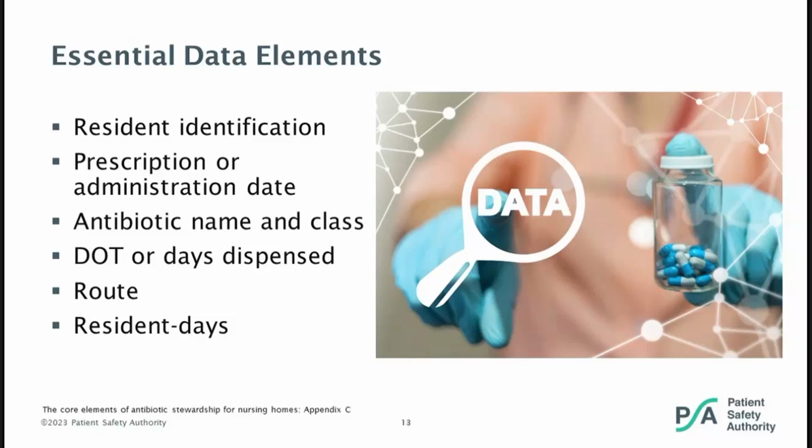These should all be readily available from the medical record or pharmacy, and these elements can be used to quantify and track antibiotic use within the facility over time and help identify opportunities for improvement.